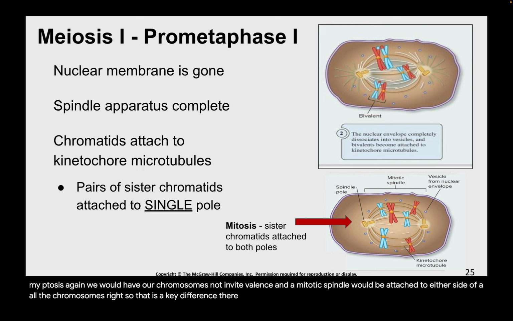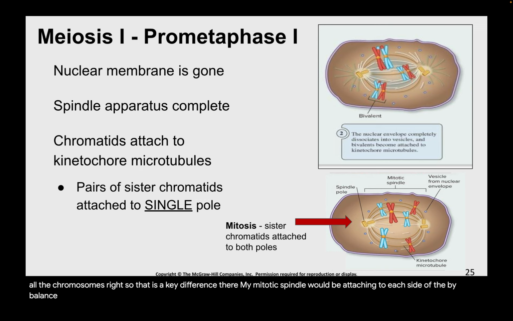All right, so if I were to draw it out, I drew too many down here. My mitotic spindle would be attaching to each side of the bivalent. And in this case, I would have one bivalent, so only one set of spindle fibers, versus in mitosis, where we saw it connecting to either side of both chromosomes.